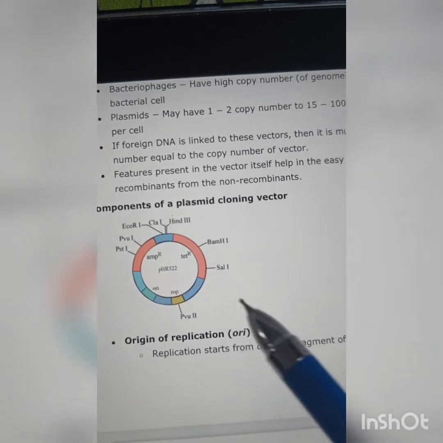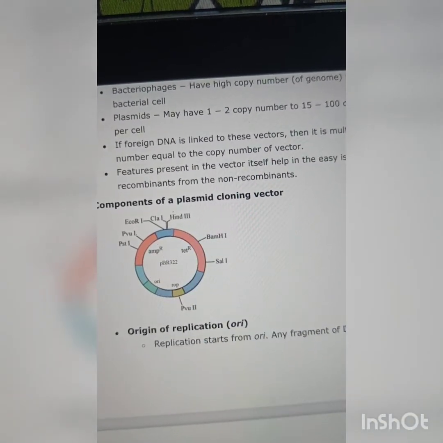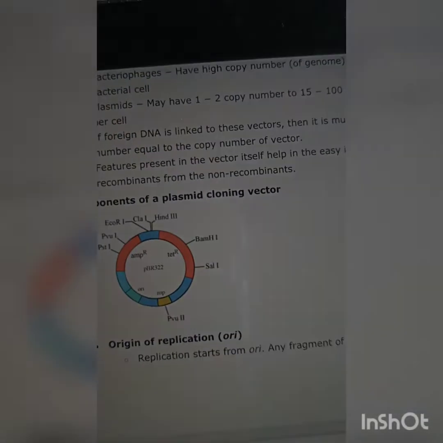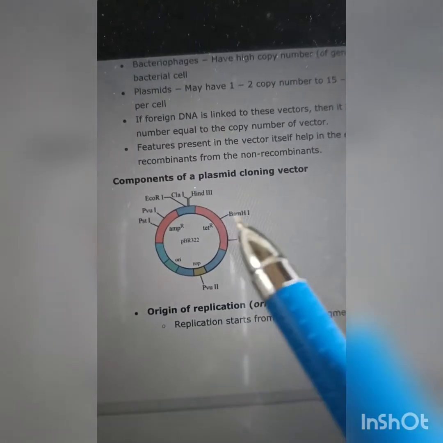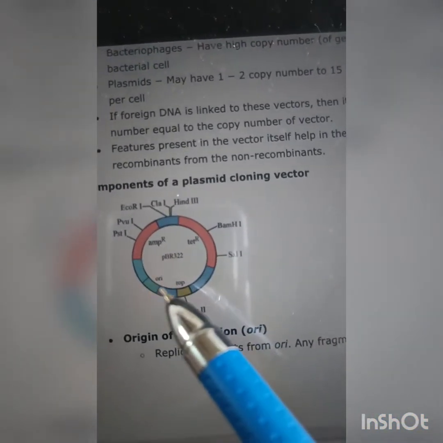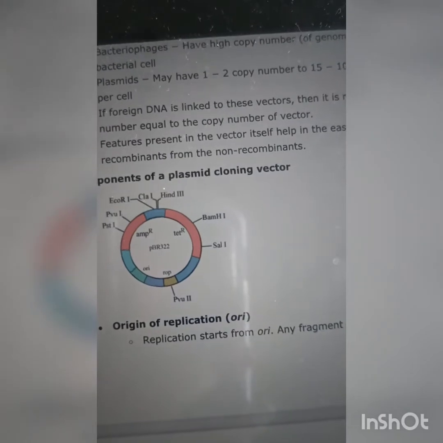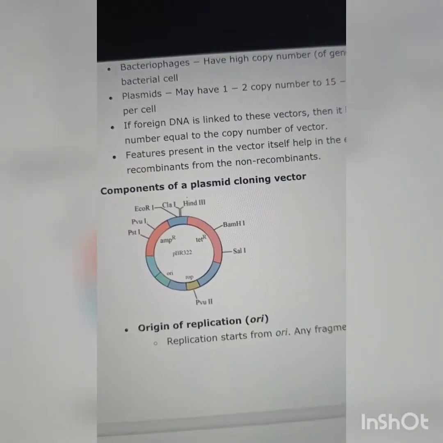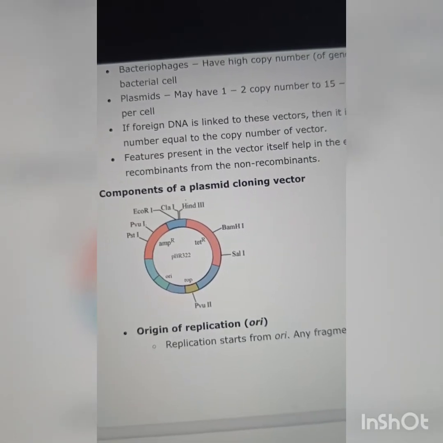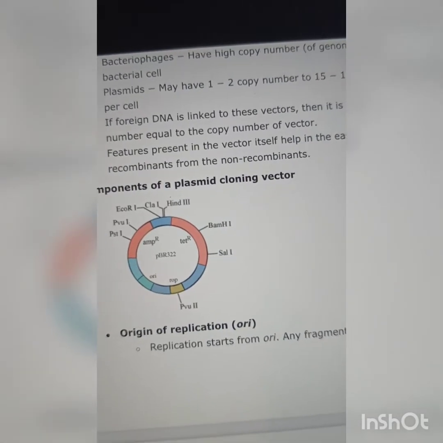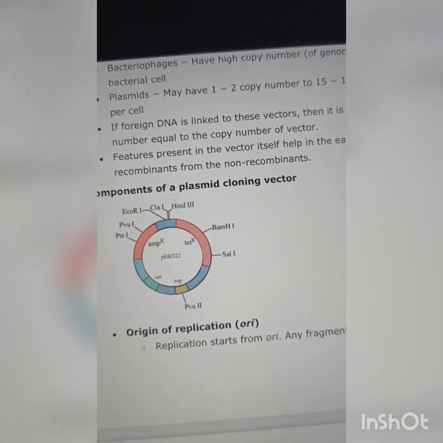Now, students, this is one type of the circular PBR322 vectors. Now, there are many things which are present in this. So what are those things basically? First of all, the most important point is ORI, that is the origin of replication. Definitely, any vector will have the property to replicate autonomously, independently, and for that, it should always have the origin of replication, from which its replication will start.